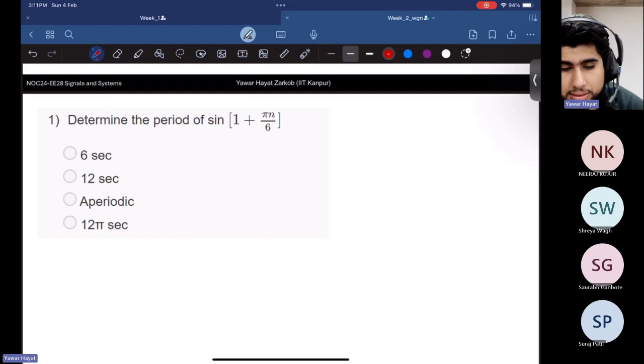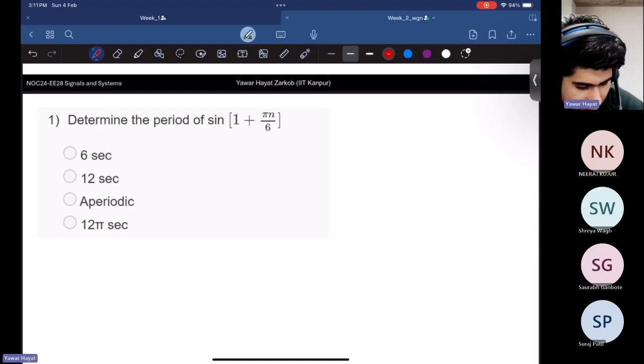Is this signal a continuous time signal or a discrete one? By looking at the symbols, it seems discrete. Yes, it is discrete. So is there any condition on the period of this signal? It should be an integer.